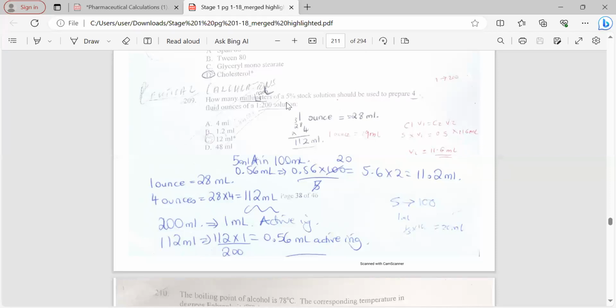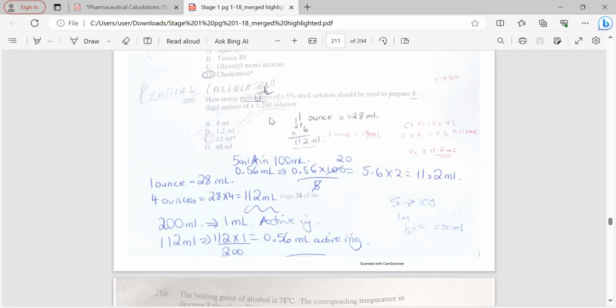We first convert the ounces into ml, where 1 ounce is 30 ml. So 4 ounces, you get 120 ml. Then we say 1 ml is in 200 ml of solution. What of 120 ml? We get 0.6 ml. Then since 5 ml is in 100 ml, how much is 0.6? Then we got 12 ml.